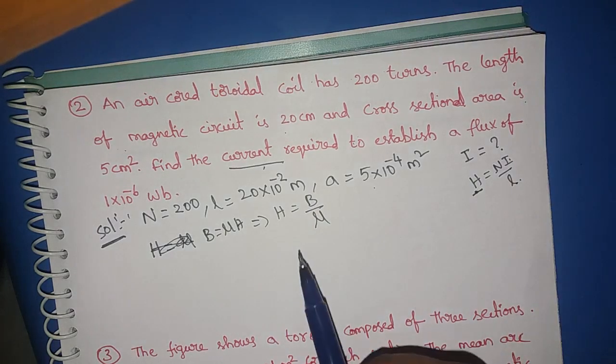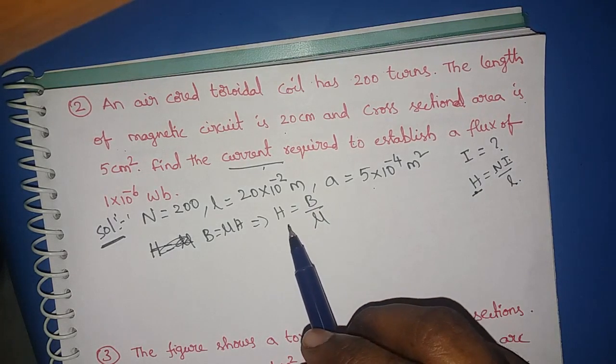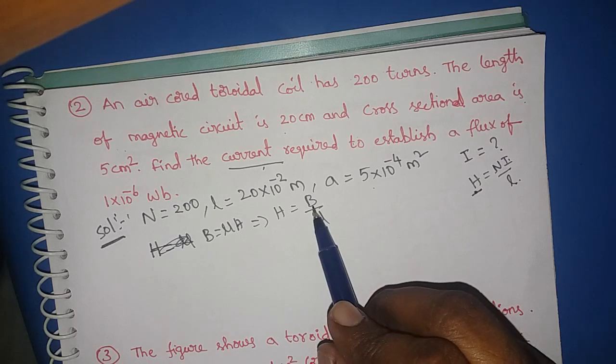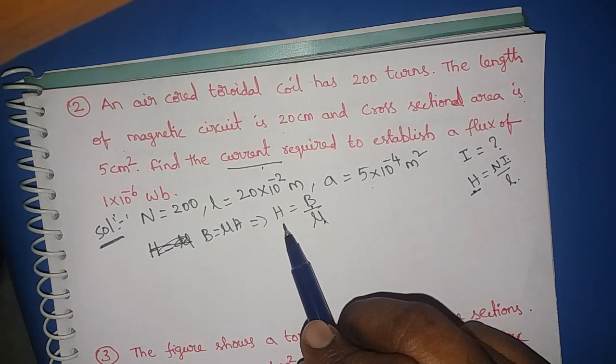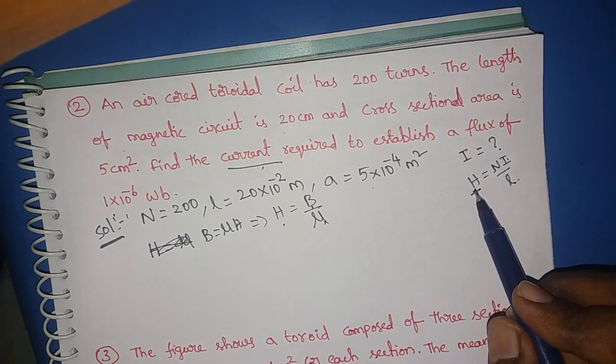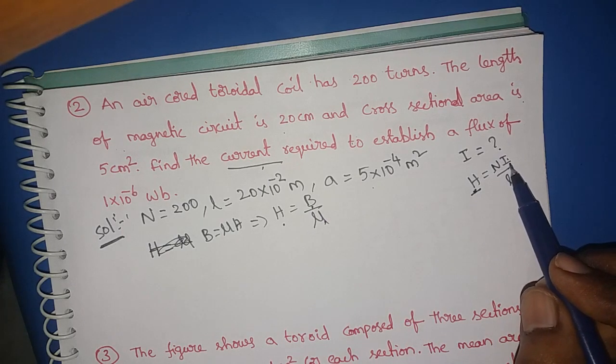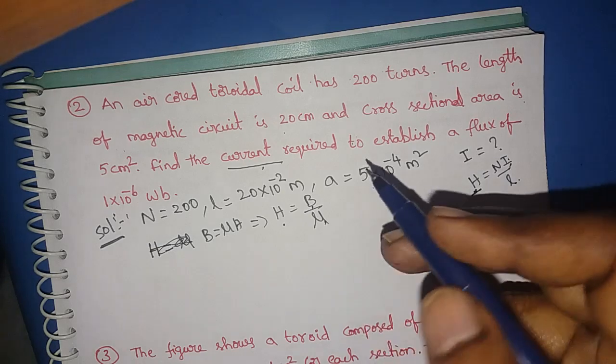So if I find the value of B and I have the value of mu, then I know the value of H. Once I know H, I can easily find the value of I. So let me do all these things.